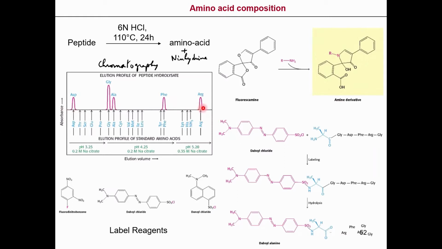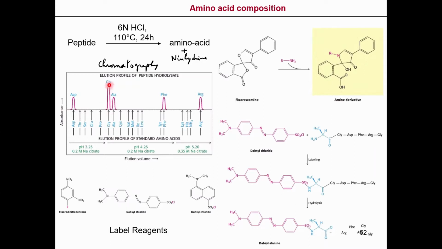So for example, in this elution profile of a peptide hydrolysate, you will have one aspartate, two glycine, one alanine, because the absorption is proportional to the content of amino acid.